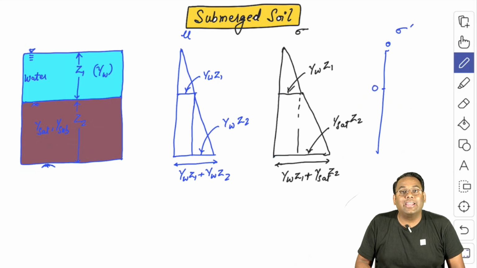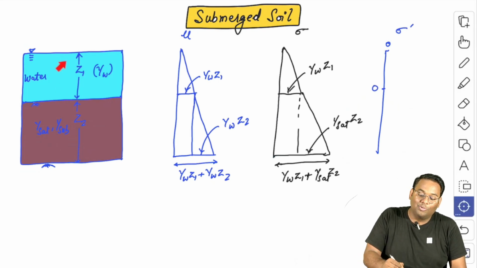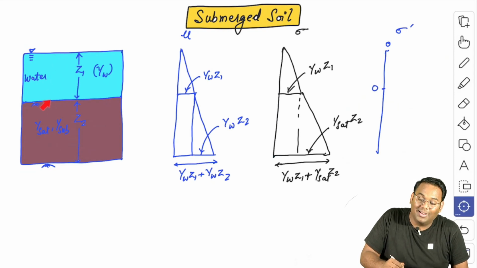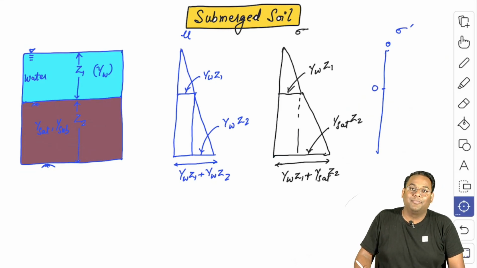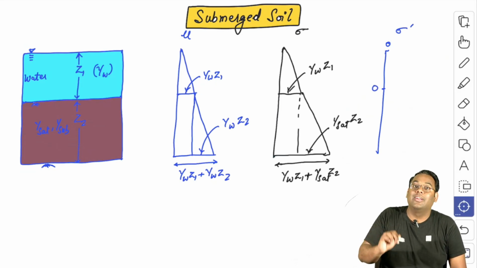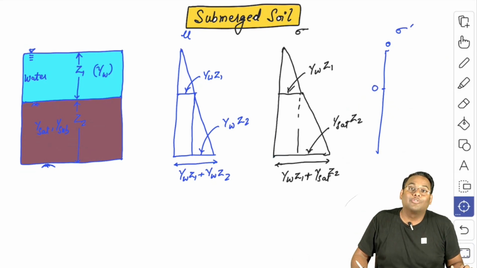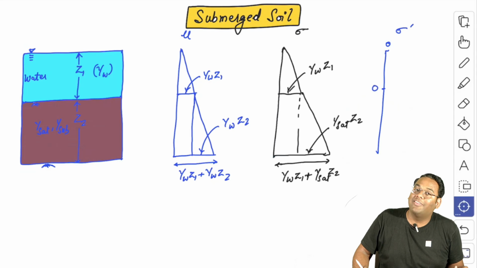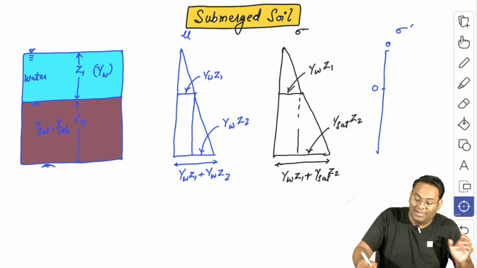It is the stress carried by the soil solids, and as there is no soil solid present up to this level, there will be no stress on the solids. Also, this gamma W into Z1 is transferred directly to the water present in the soil voids. There will be no effective stress even at this level.